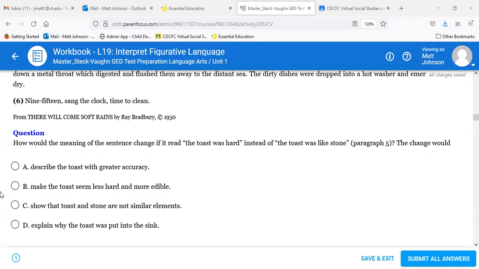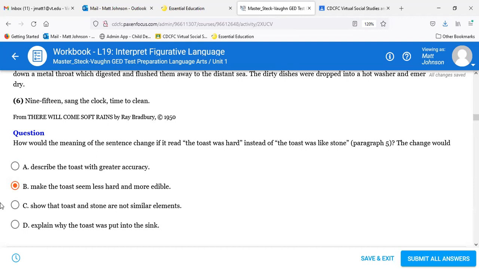B. Yeah, it makes the toast seem less hard. If it's hard toast, maybe you'll give hard toast a try. If it's stone-like toast, you might pass. You already know it's hard. Yeah, exactly.